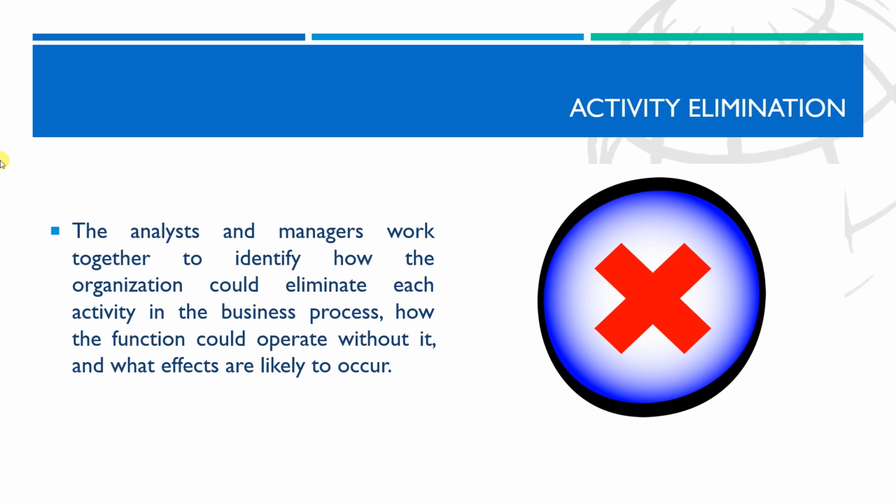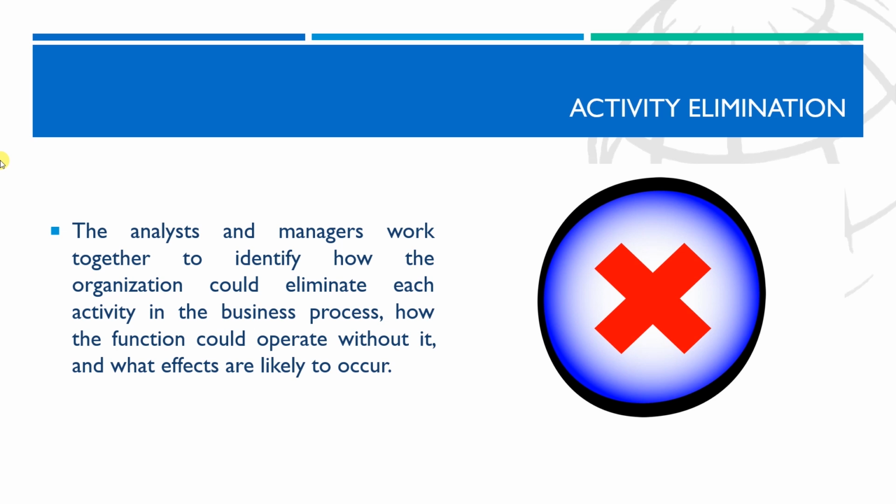Initially, managers are reluctant to conclude that processes can be eliminated, but this is a force-fit exercise in that they must eliminate each activity. In some cases, the results are silly. Participants must address every activity in the business processes.